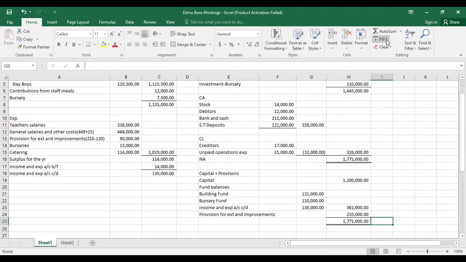So our books are balancing at 1,771,000.